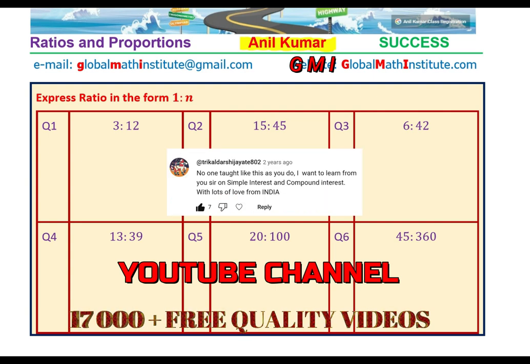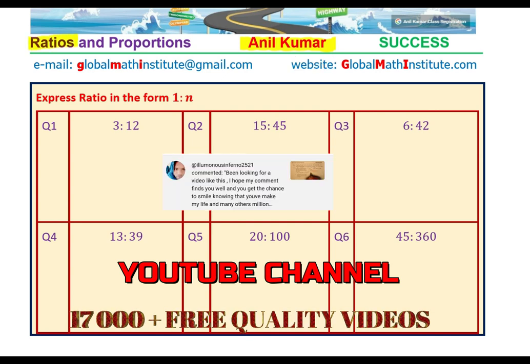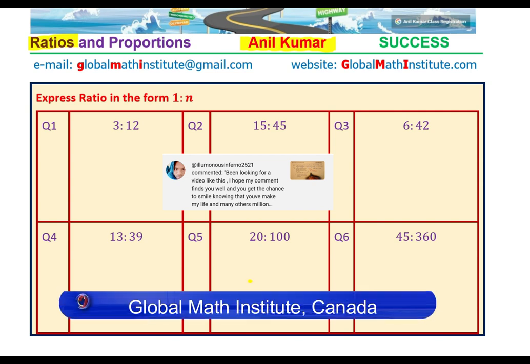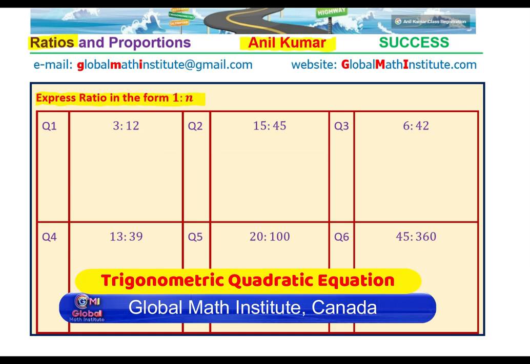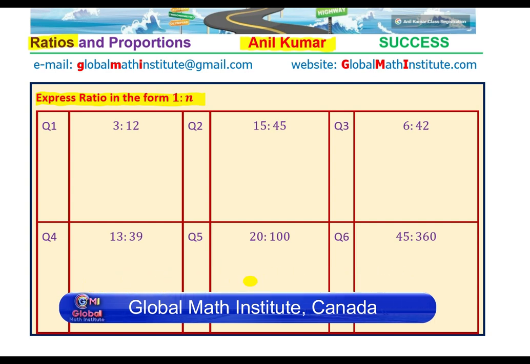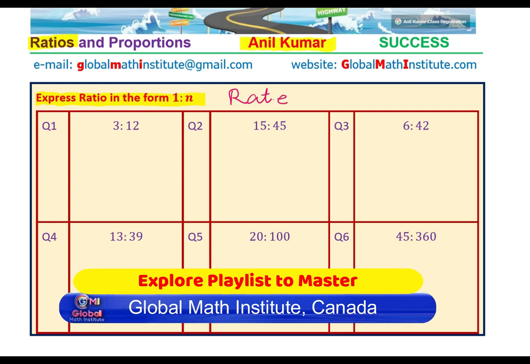Here, we are going to discuss what ratios are and how we write them in the simplest form, which is to express the ratio in the form 1 is to n. Now, this is a very important form since it gives you a rate sometimes in word problems. So this is also like thinking about rate.